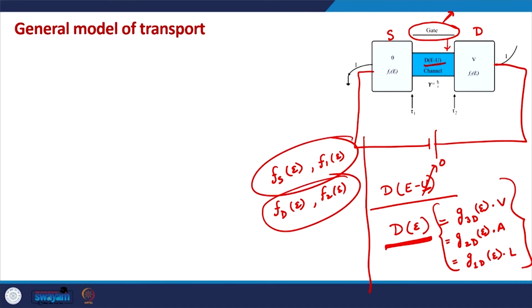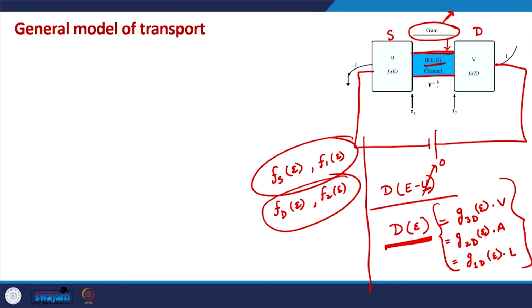Now, we have individually represented the electronic distribution or the existence of electronic states in this entire device. We have modeled the source and drain contacts with the Fermi functions, and we have modeled the channel with the density of states in this way.